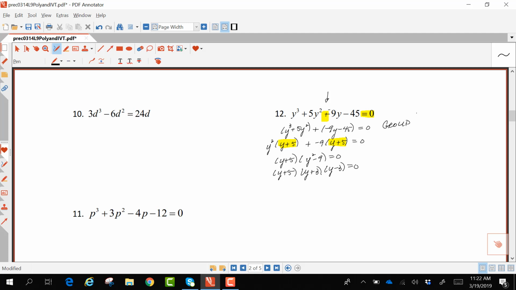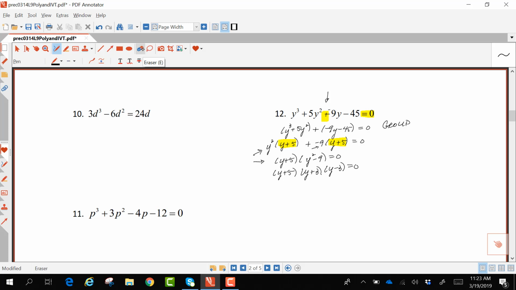We would then focus on the first two terms, taking out a GCF of y squared. The second two terms, we would take out a negative 9. Once this is done, we then can factor it into y plus 5 times y squared minus 9. The y squared minus 9 is a difference of perfect squares, which we'll factor one more time.